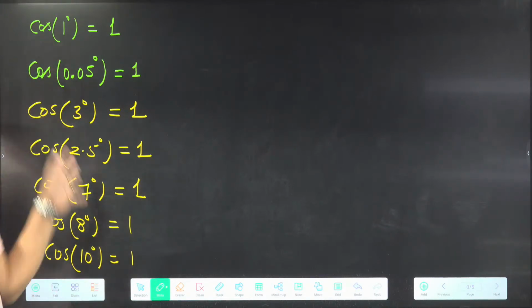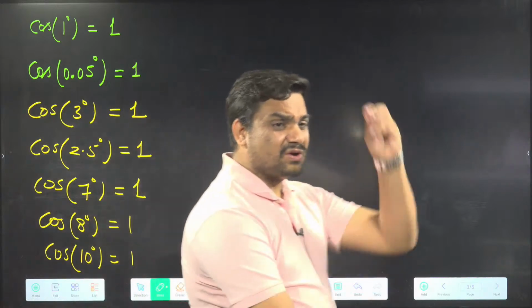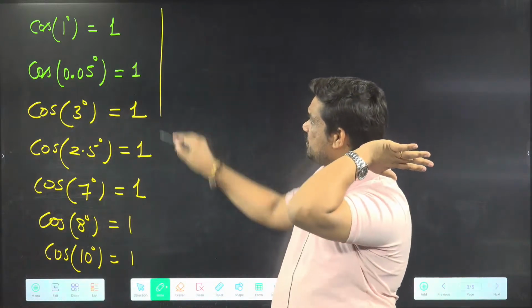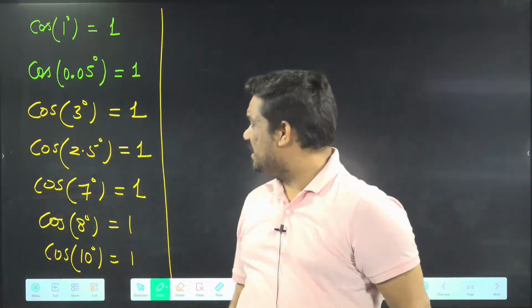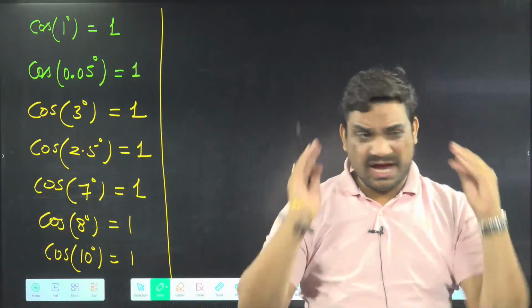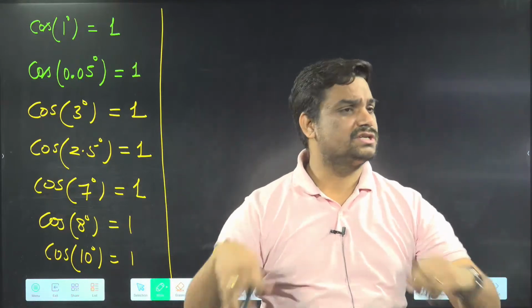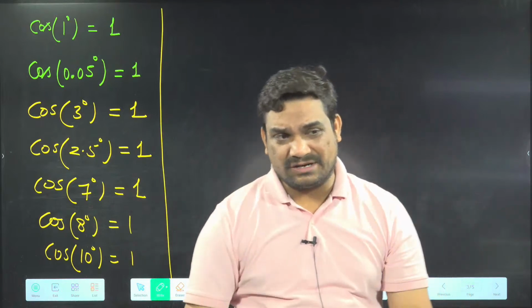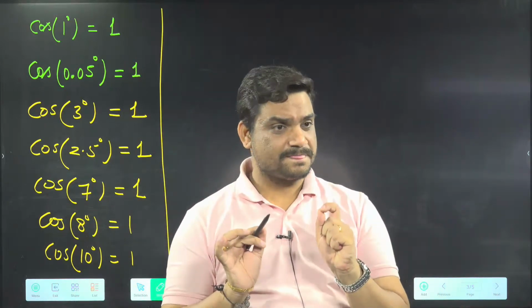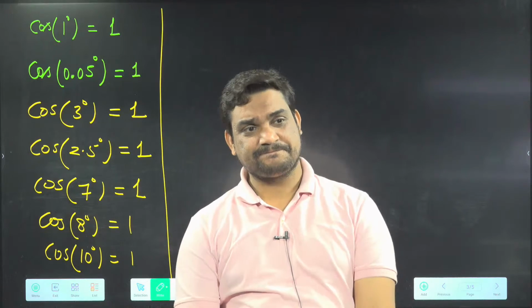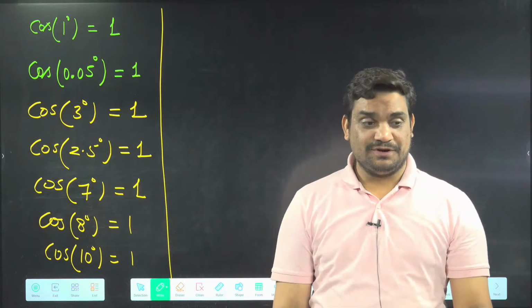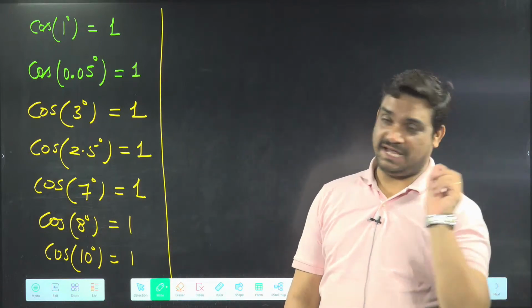I am writing so many examples so that you can remember. Up to 10 degree cos is 1. Anything, if I write 7.8, 8.3, 9.6, up to 10 degree cos theta is going to be 1. Then we'll go for some questions on sine.